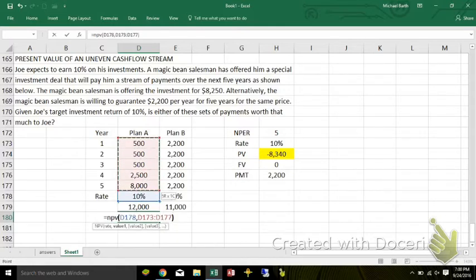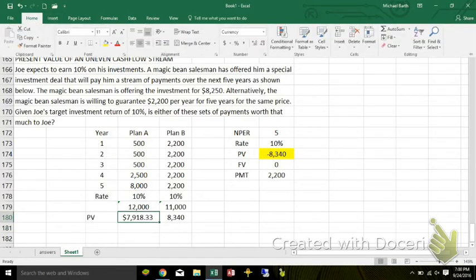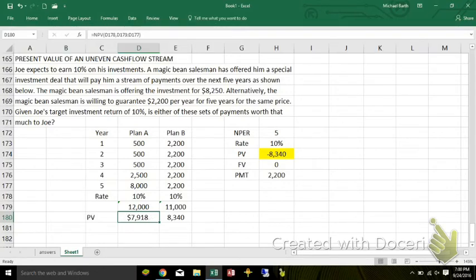Okay, and so after doing that, what I find is that the fair value of this set of cash flows is only $7,918. By the way, I could have used the same function over here.